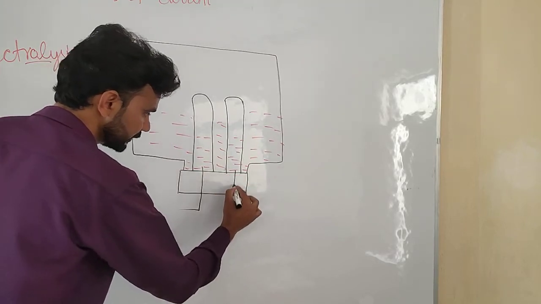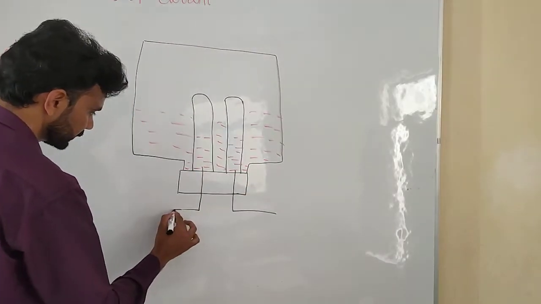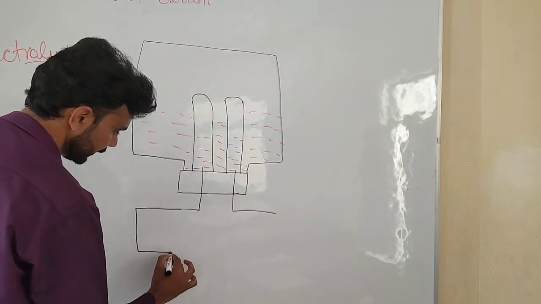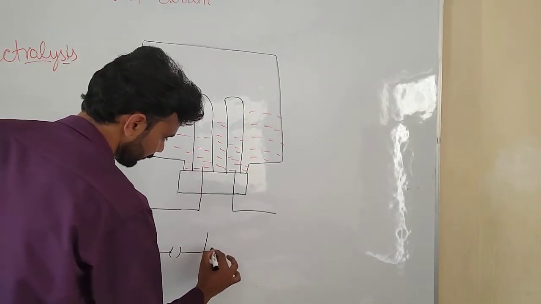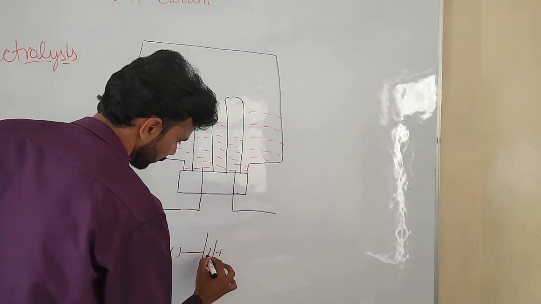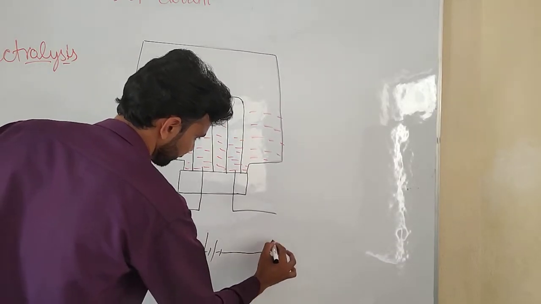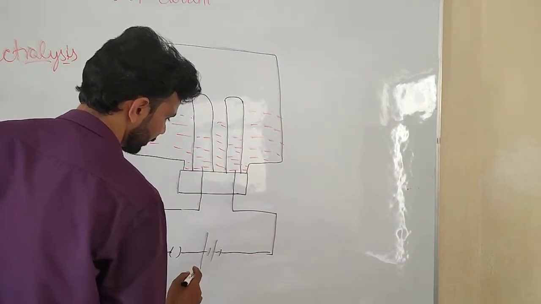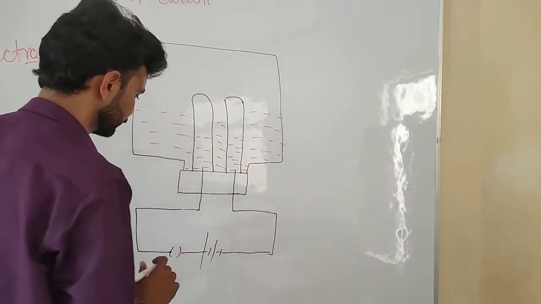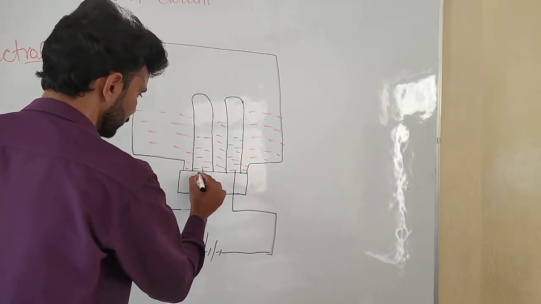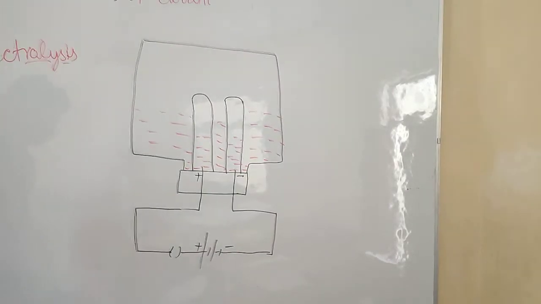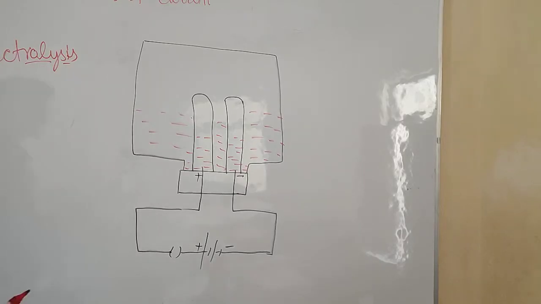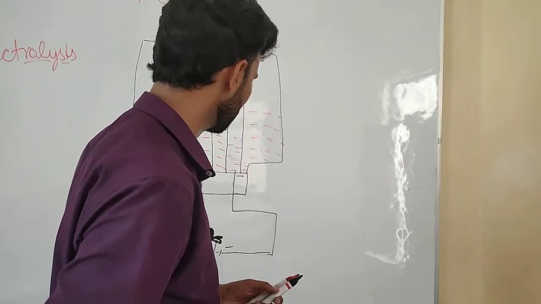We will complete this circuit by connecting a key with the battery. This is the diagram which we have to draw to show the process of electrolysis.